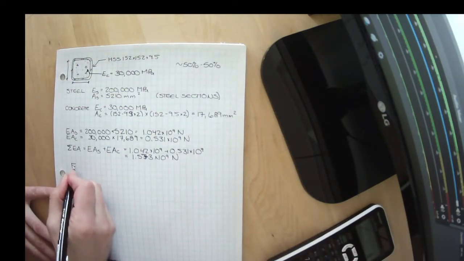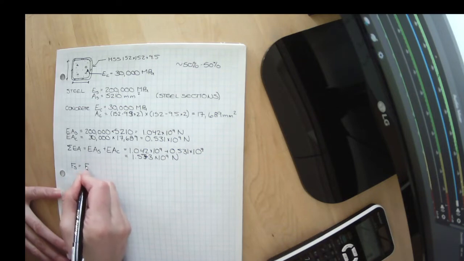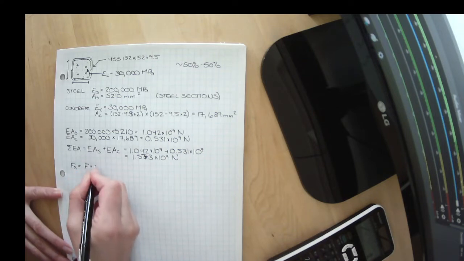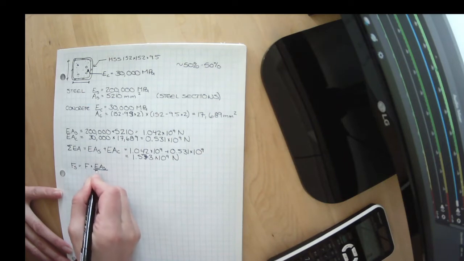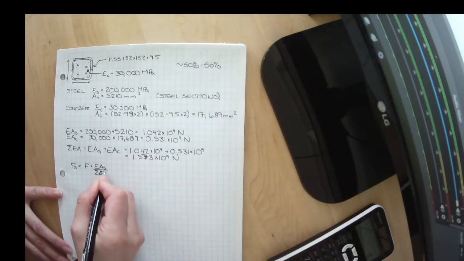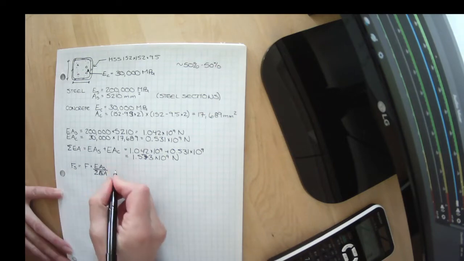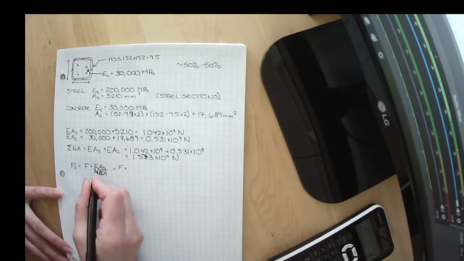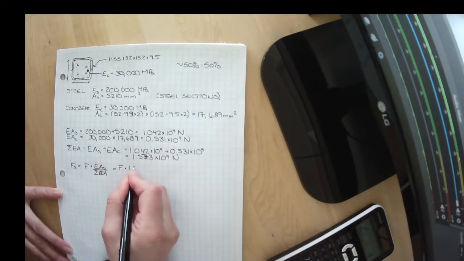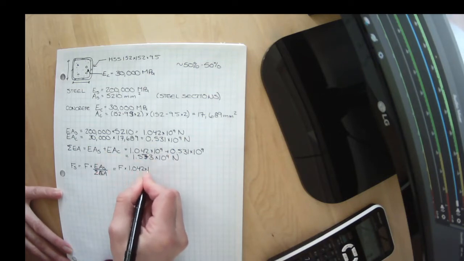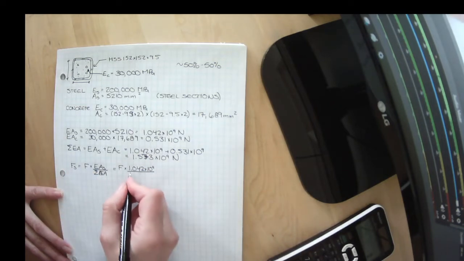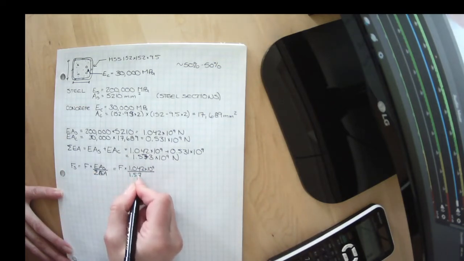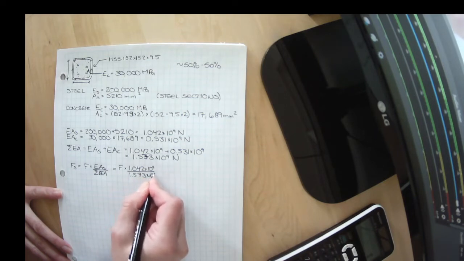The force in the steel is the total force times the EA of steel divided by the total EA. Or the force in the steel is the total force times EA of steel, which is 1.042 times 10 to the 9, divided by the total stiffness of the system, 1.573 times 10 to the 9.